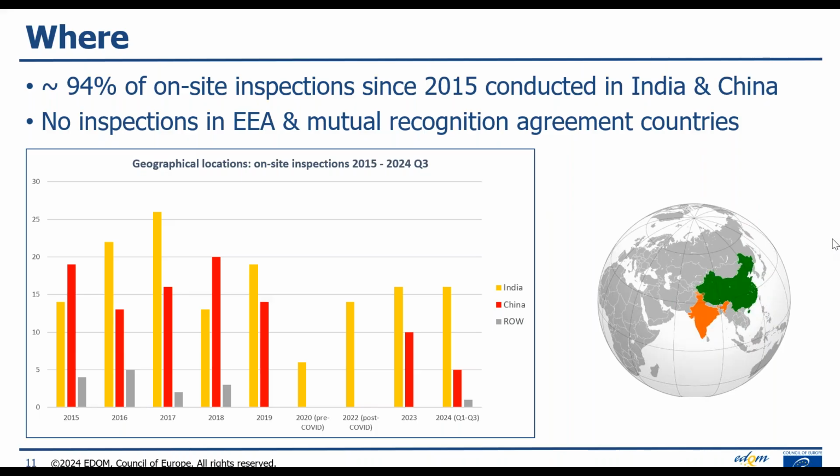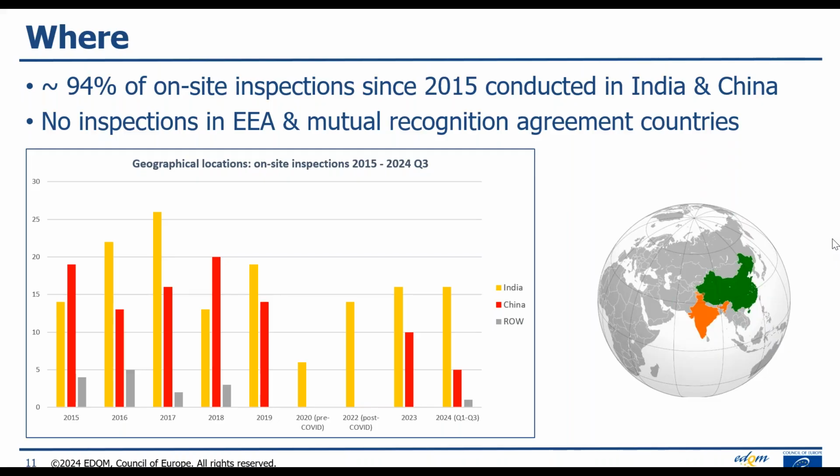So the figure that we determined was approximately 94% of our inspections since 2015 have been in those two countries. And I guess that broadly reflects the number of manufacturers from those countries involved in the CEP procedures outside of those EEA countries and mutual recognition agreement countries.